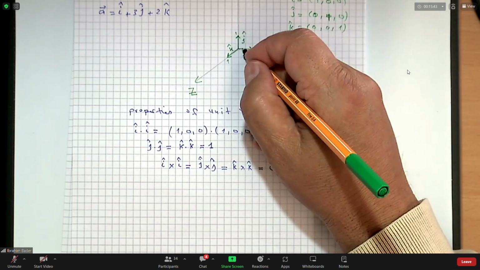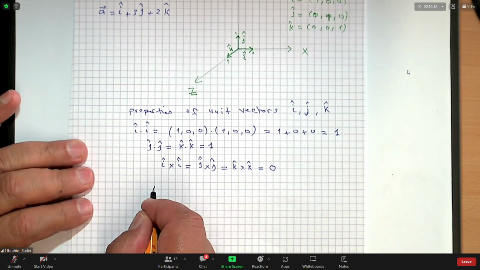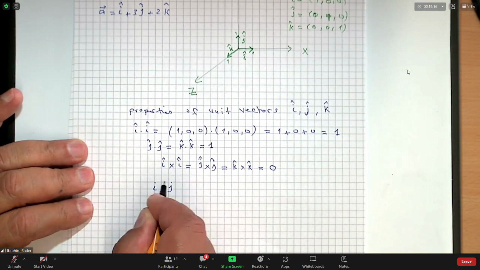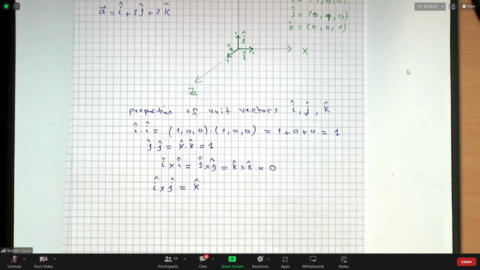You go from I to J. The plane that goes from I to J is this plane, and this is the perpendicular line to it in the direction of K. I hope it's clear for everyone that if I evaluate I cross J, I will get K. It means the vector that is perpendicular to the plane using the right hand rule.